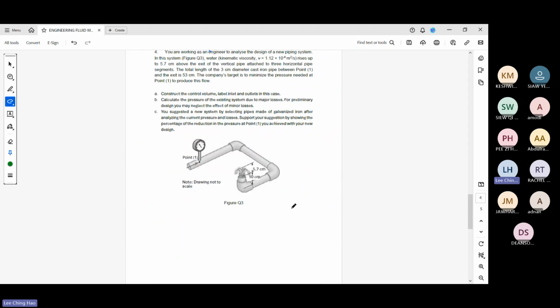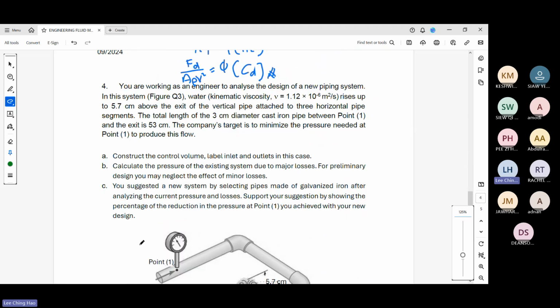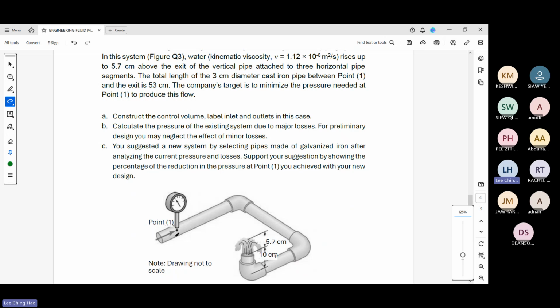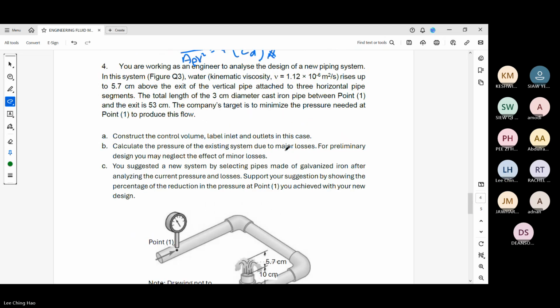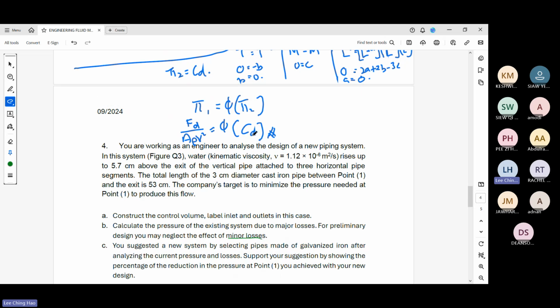Let me see. So this is the minor loss. First of all, for major loss, HL is f L over D times V square over 2g.